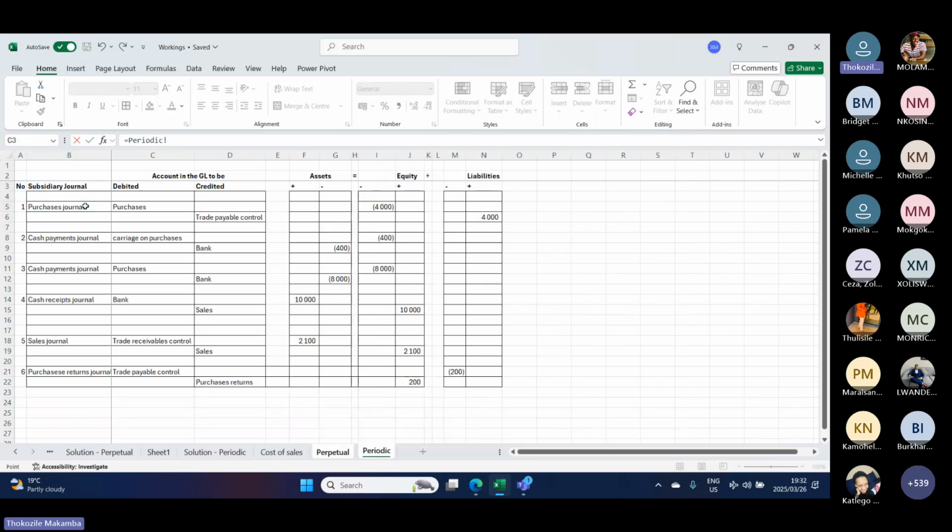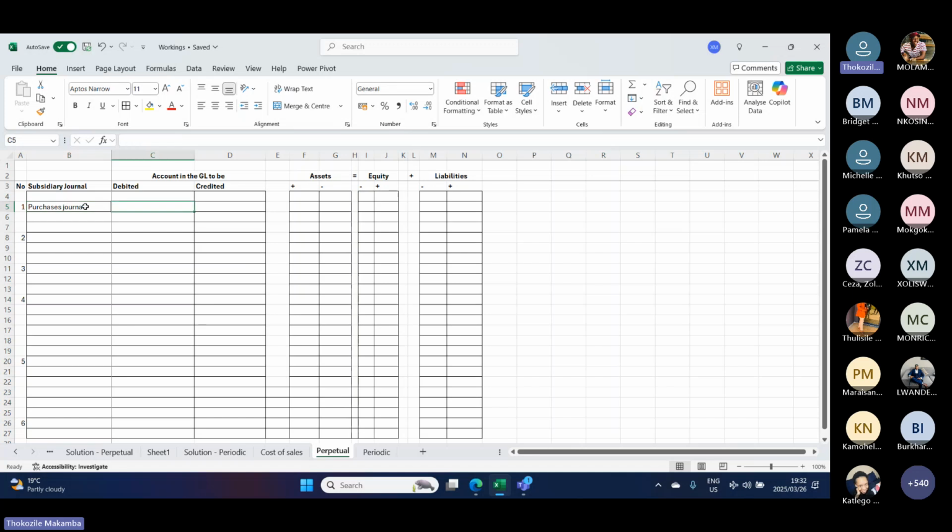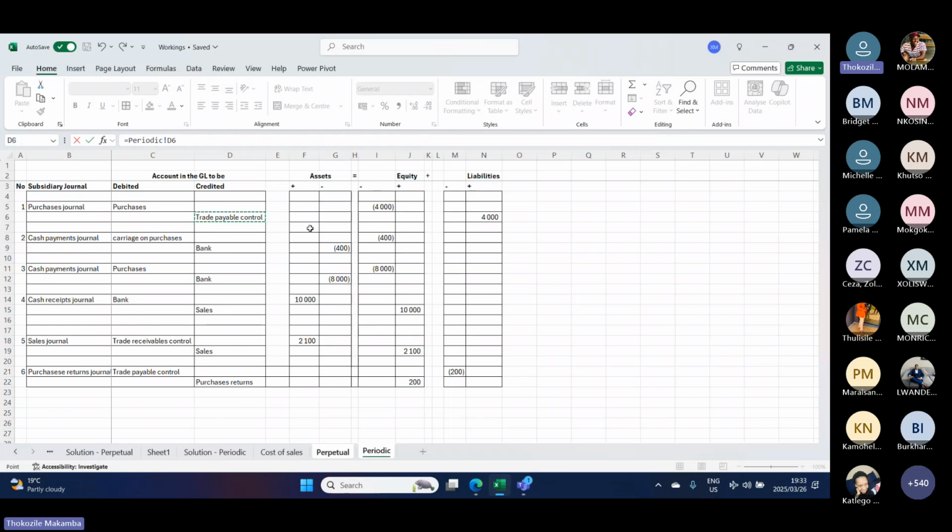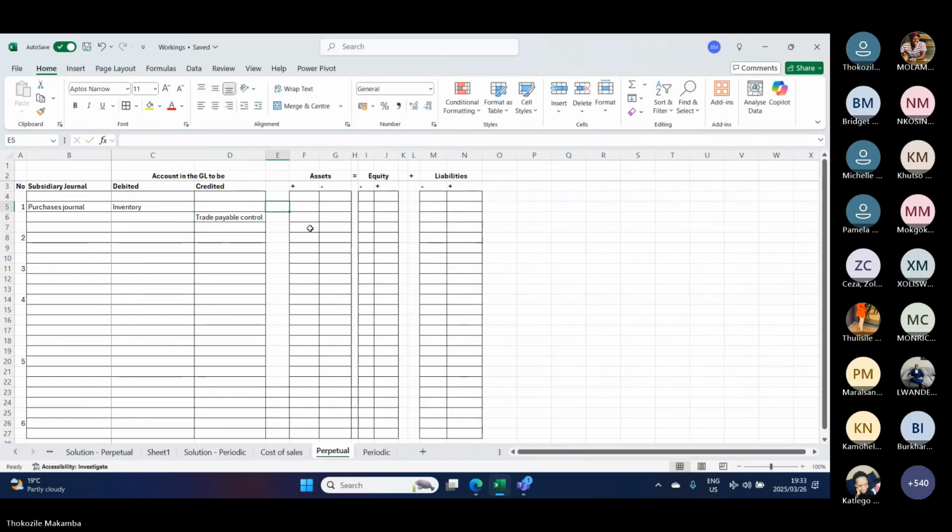Debit this time goes to inventory, and the credit goes to trade payable control because we're buying on credit. Because we are debiting inventory, our assets are going up by 4,000, and we're crediting our liabilities, which means our liabilities are also going up by 4,000 Rand.